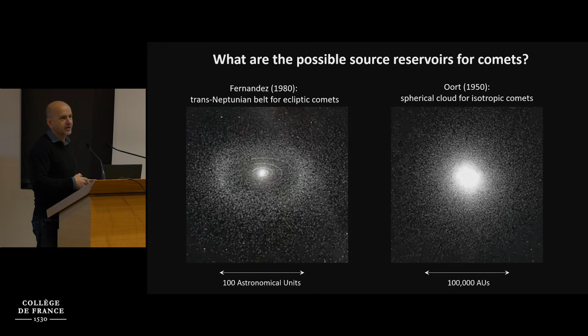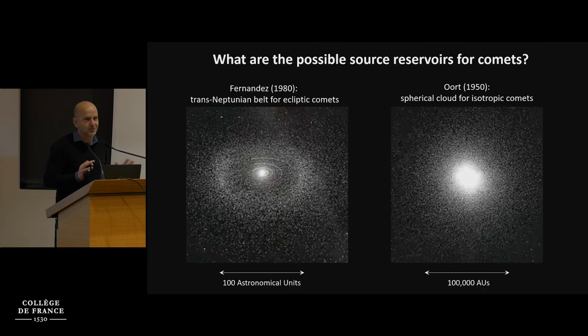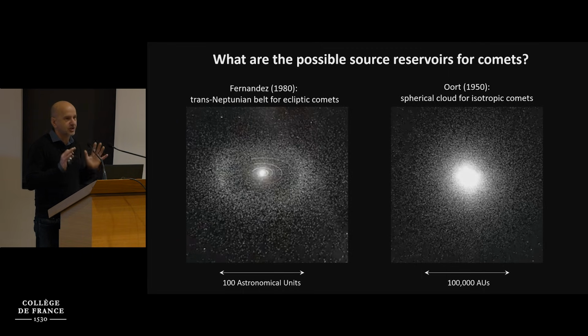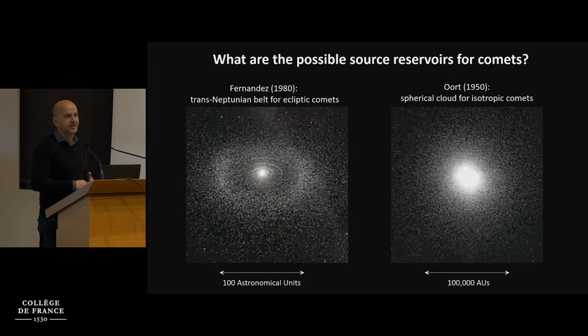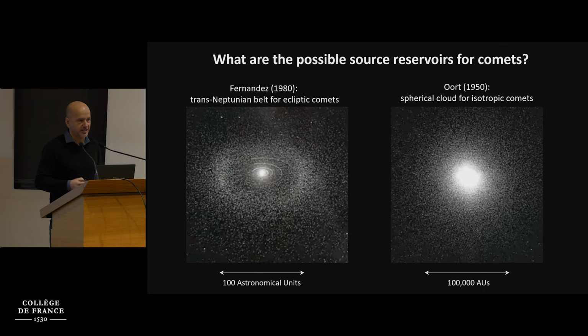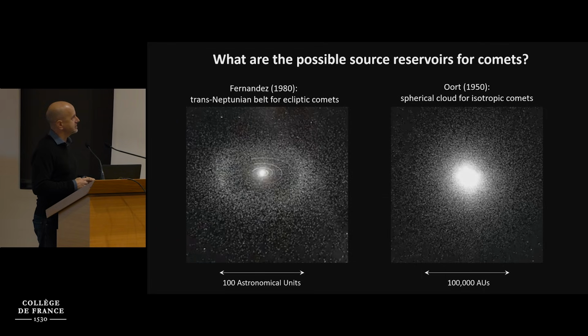But for the Oort cloud, there has been no detection so far. We would need a much larger telescope to be able to see the faint objects at these distances, right? So in some sense, this structure is still a theoretical structure that has not been confirmed through observations. So that's what we have.